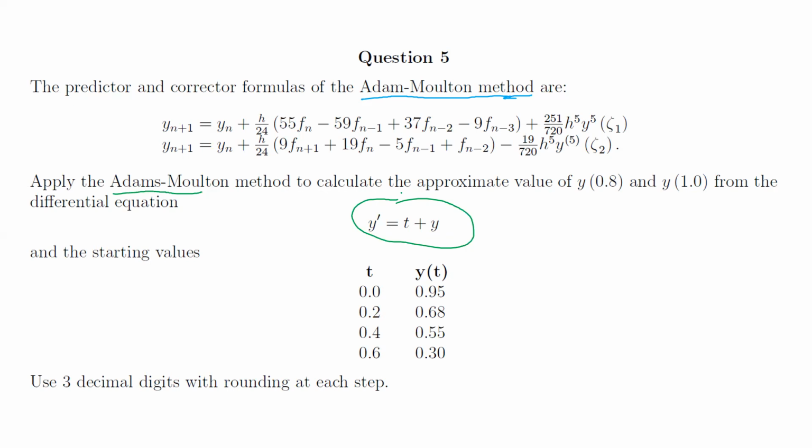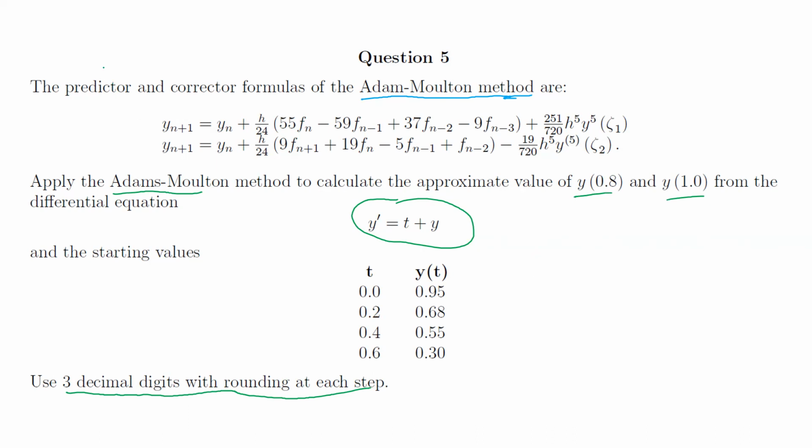So what do we do now? Using 3 decimal digits with rounding at each step, we just give the estimates of those two.